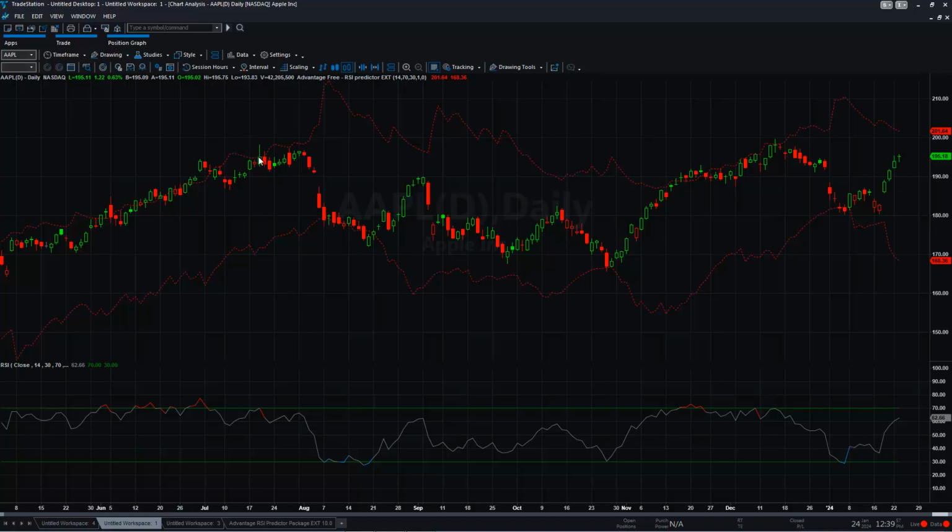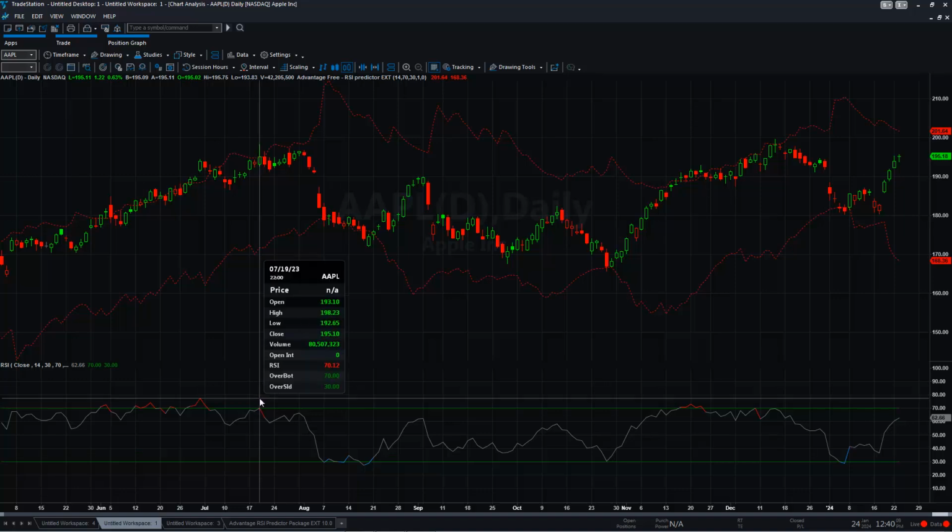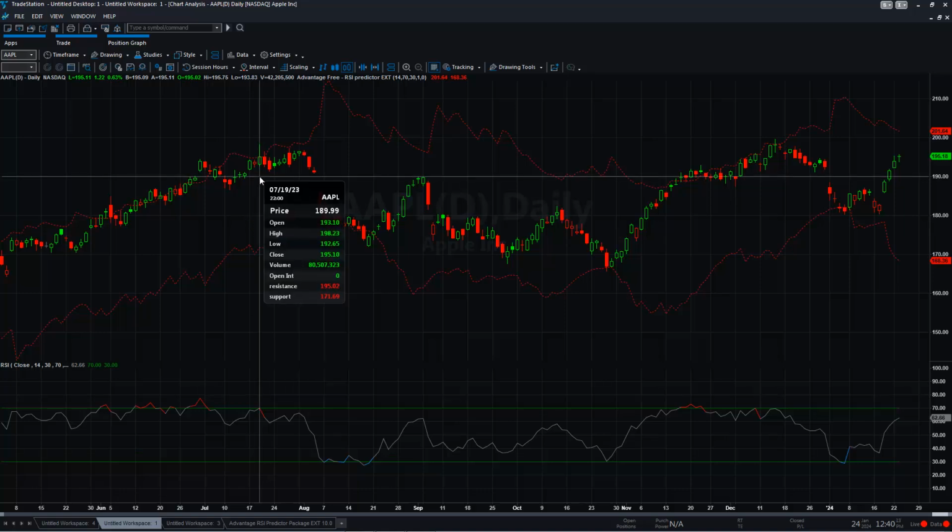And right here, the closing value of the candle is almost exactly the upper boundary of RSI Predictor, and the RSI reading is 70.12, right? The closing value is 195.10. The resistance is 195.02, so it's almost the same.